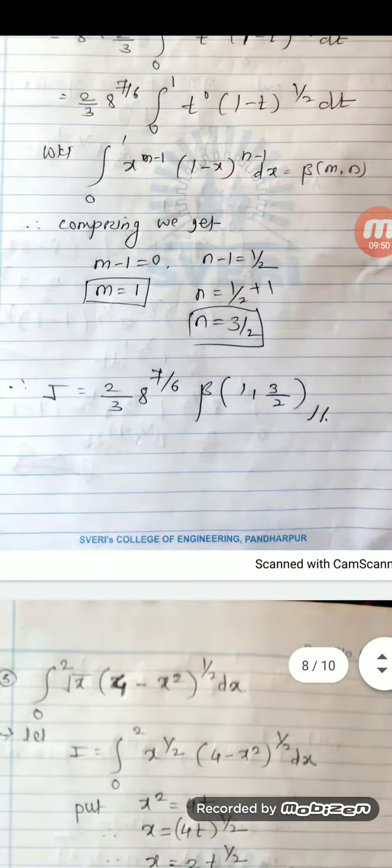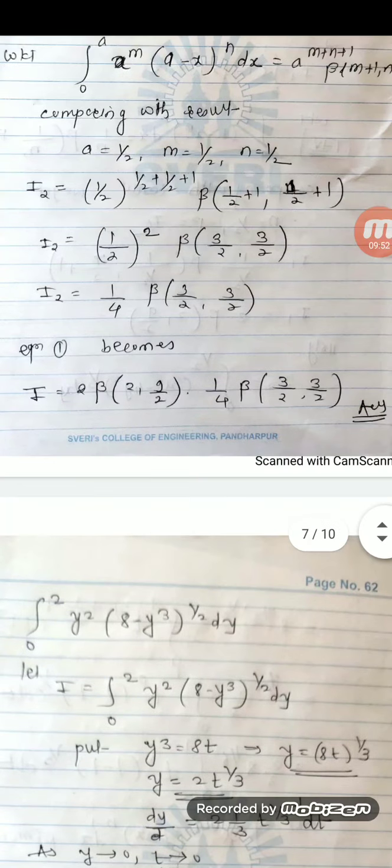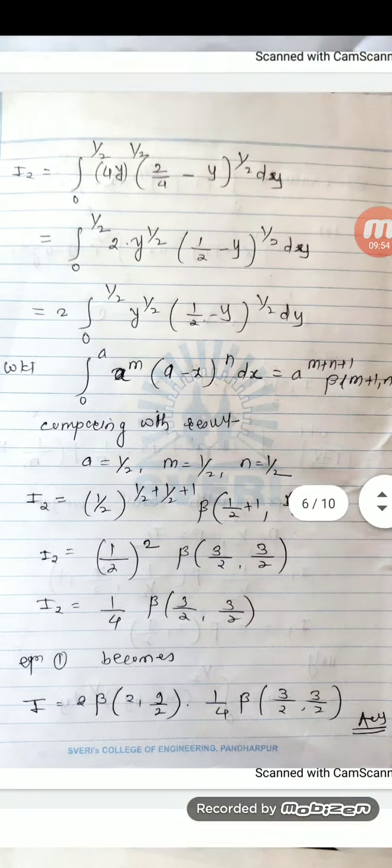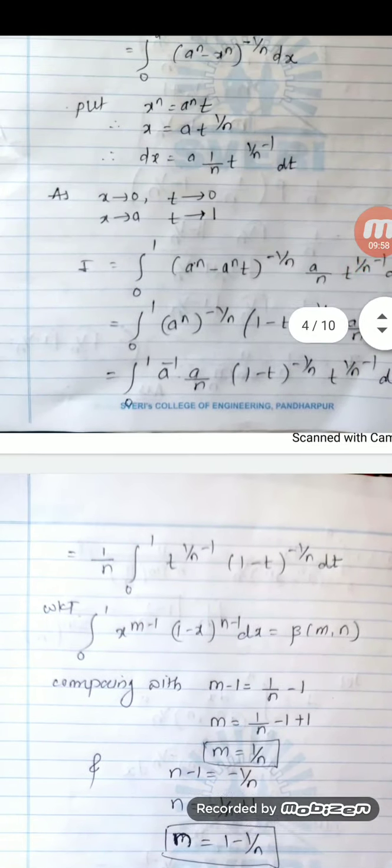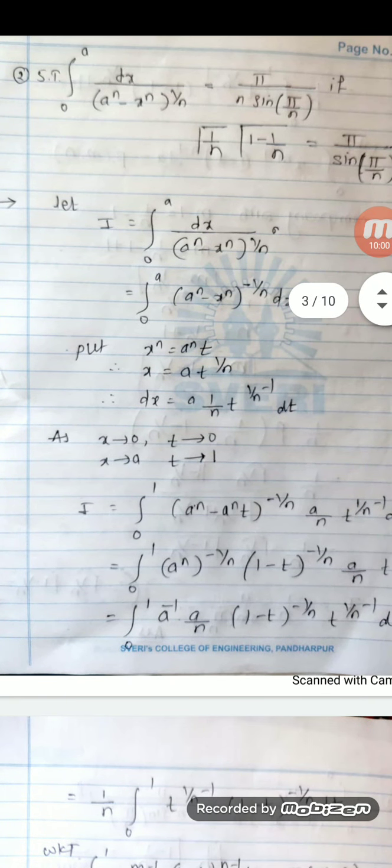In this way, we have seen one important example of type 2, where we solve the example by using substitution. And how do we make the substitution? The power of x we have to eliminate. Suppose x raised to n has to be eliminated, at that place we put t, and if a constant is there, that is a raised to n in this example, and in the last examples 8 and 4 are there.